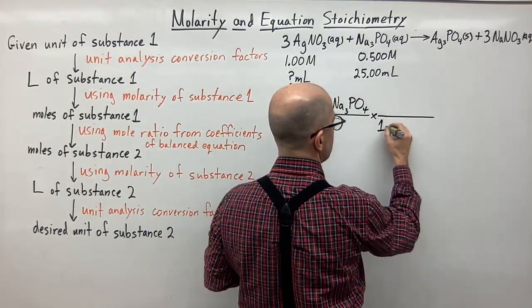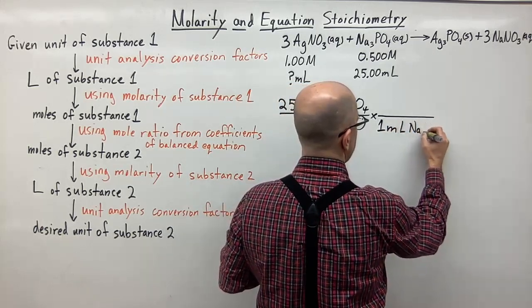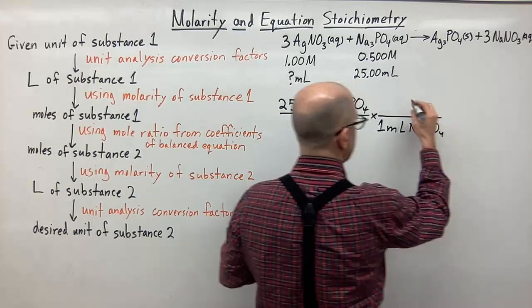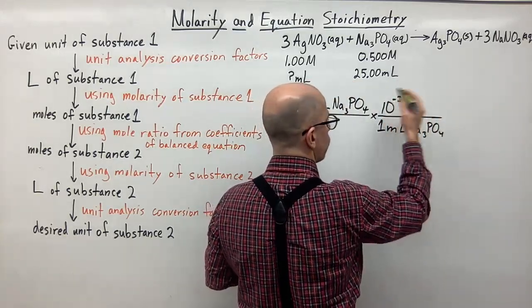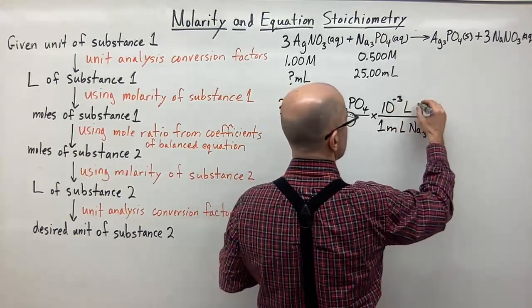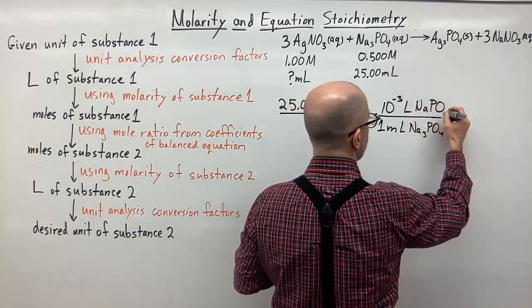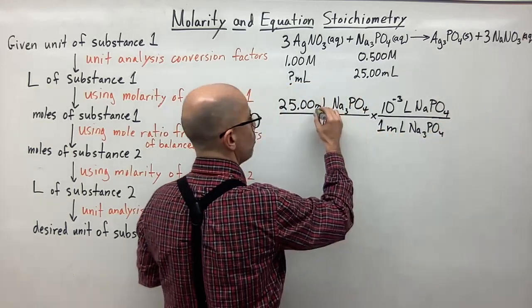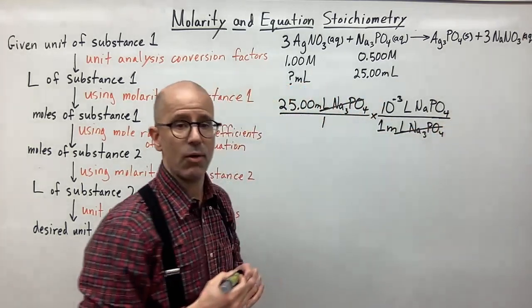So 1 milliliter of Na3PO4 is equal to 10 to the negative 3, or 1/1000th of a liter of Na3PO4. So milliliters cancel out, and now I have liters.